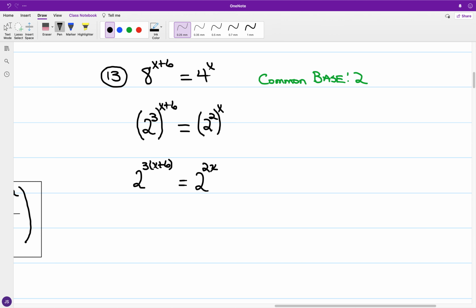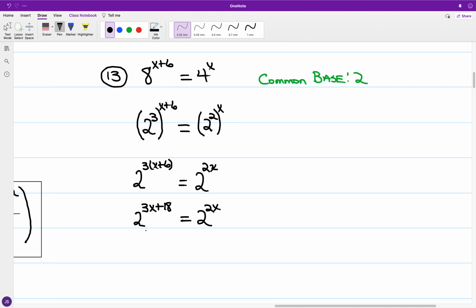Whatever is the power outside the parentheses, everything inside, whether it's a single term or a multi-term expression, is going to be multiplied by that outside power. So not 2 to the 3x plus 6, but 2 to the 3x plus 18. So we have 2 to the 3x plus 18 equal to 2 raised to the 2x.